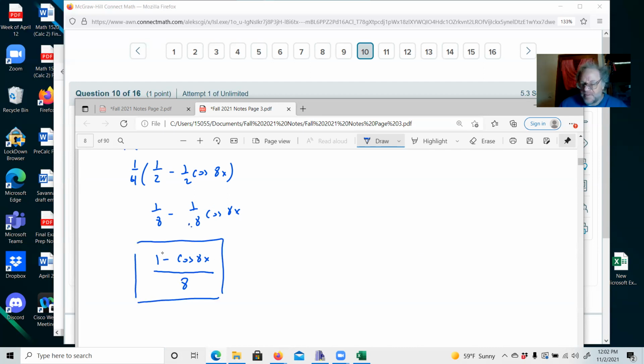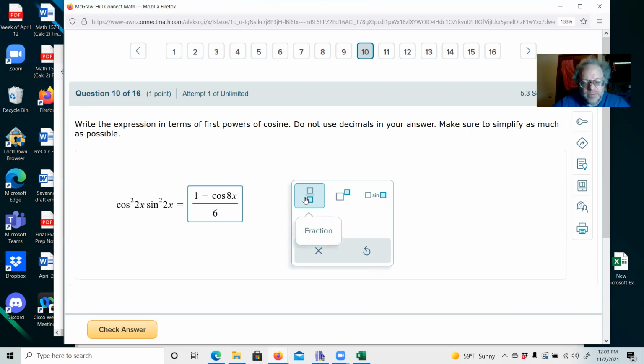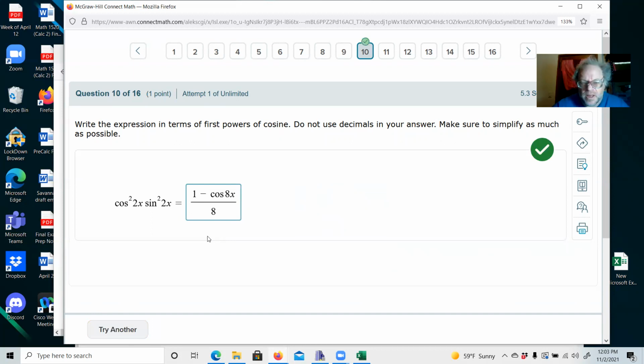If you type this in, I have a feeling they're going to tell you you're wrong. So this is going to be 1 minus cosine of 8x all over 8. All right, check our answer and move on with our lives.